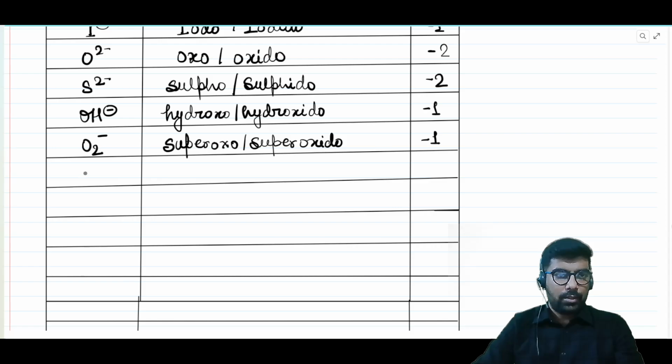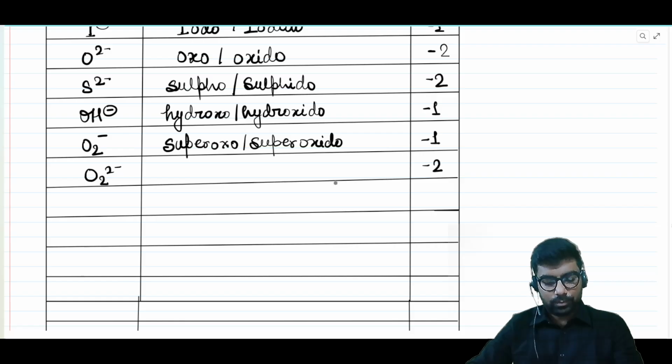Again, if we have O2 2 minus, charge is -2, then we have peroxido or peroxo.